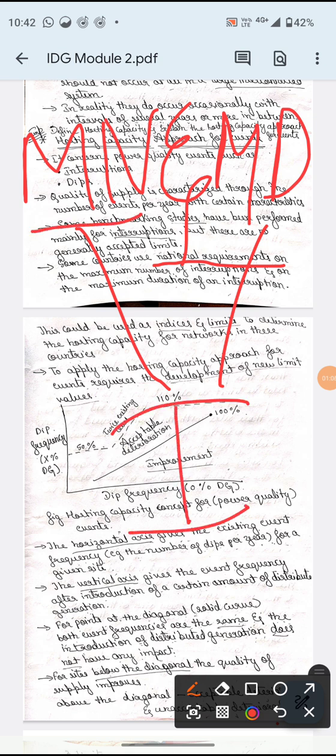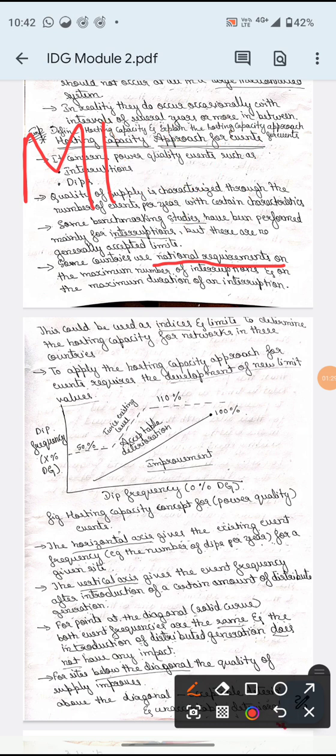Some countries use national requirements on the maximum number of interruptions and the maximum duration of interruption. So how many interruptions will happen, and what about the duration of that, right? Based on that, that will be considered as indices and limits to determine the hosting capacity.